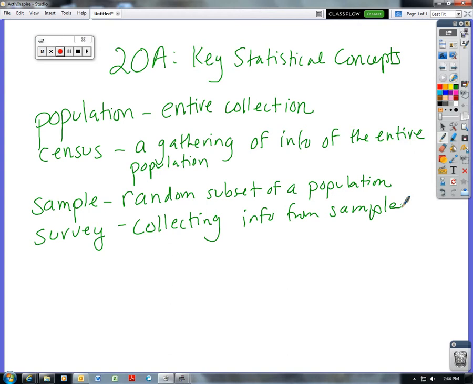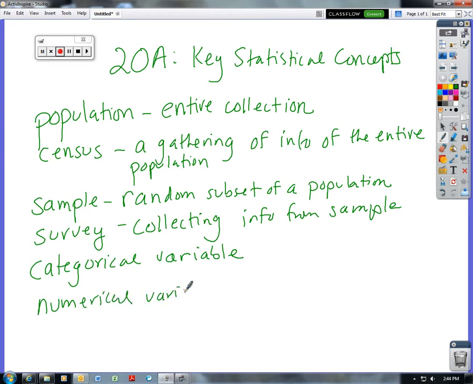Then the variables. There's categorical, and there's numerical. And the numerical one is probably the most obvious. It involves a number.